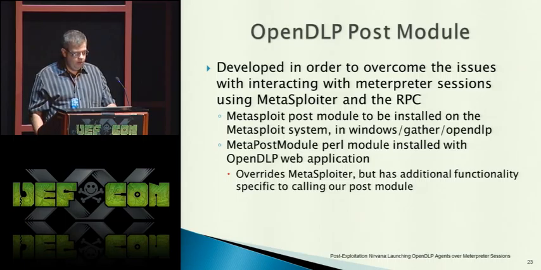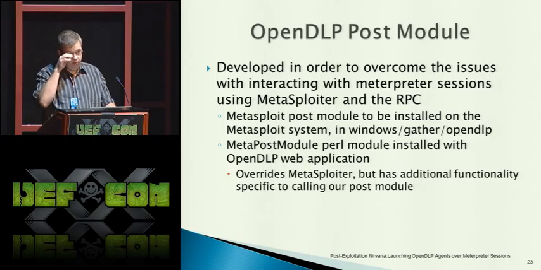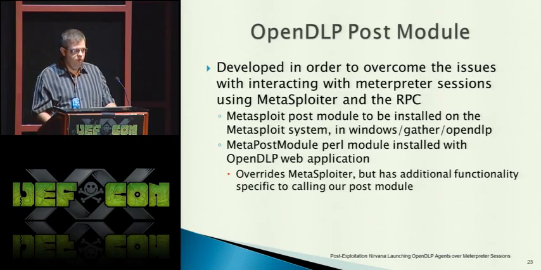I created this module, called it opendlp.rb, written in Ruby. And it's installed in the Windows Gather directory. I also created a Perl module which interfaces with this Ruby module. The Perl module is obviously installed on OpenDLP. And the only purpose of it is to connect to the Metasploit Ruby module.